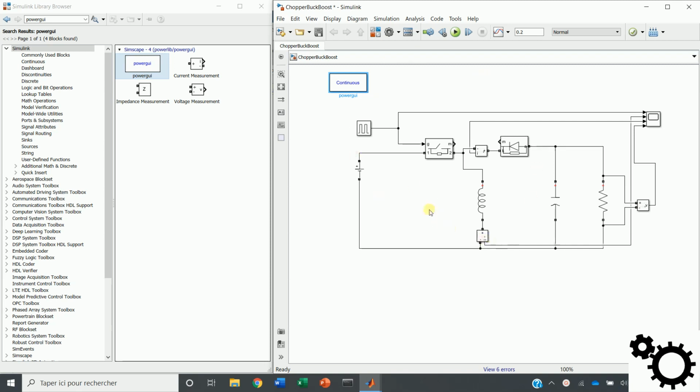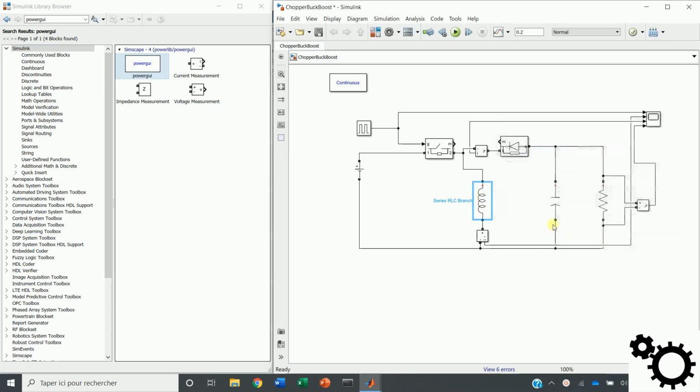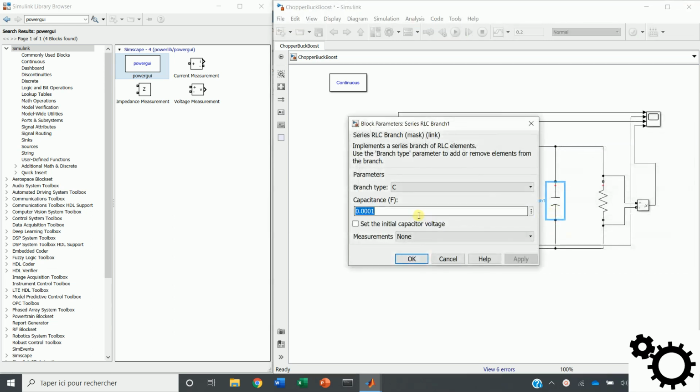Alright, there you go. I will show you first the continuous mode and then the discontinuous mode. For the first mode, the continuous one, the current through the inductor is always greater than 0. I will choose the inductor value and the capacitor value.